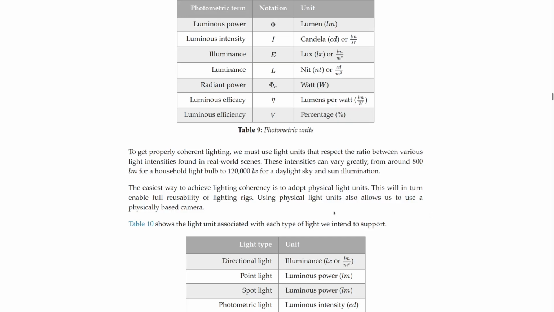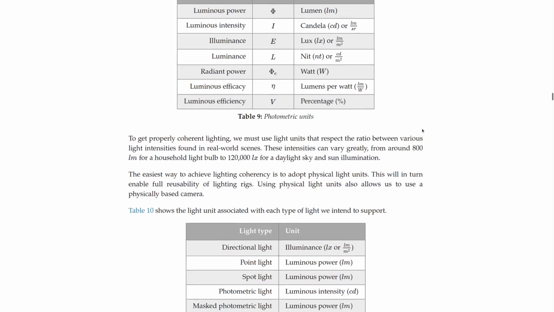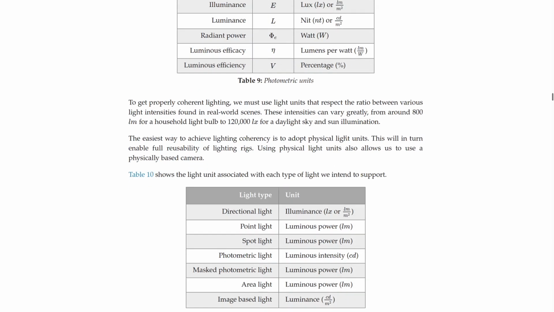So to get properly coherent lighting, we must use light units that respect the ratio between various light intensities found in real-world scenes. These intensities can vary greatly from around 800 lumens for a household light bulb to 128,000 lux for daylight sky and sun illumination.